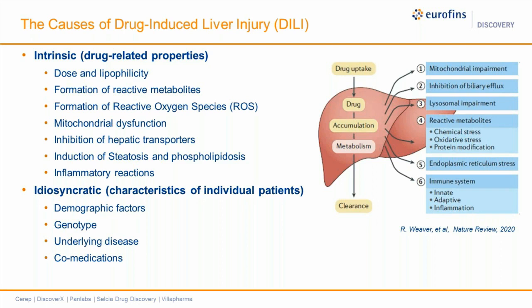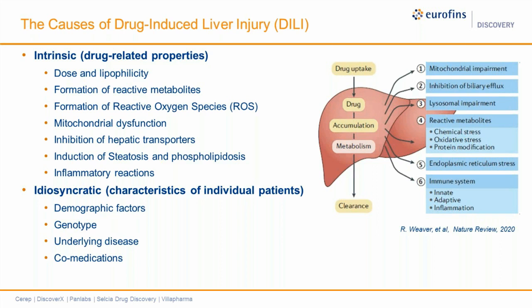Once cells are damaged by a drug, innate and adaptive immune responses play a significant role in driving tissue inflammation and injury. The second category of DILI is idiosyncratic DILI. Most idiosyncratic DILI cases happen at a therapeutic dose in an individual, even though this dose is well tolerated in the general population.